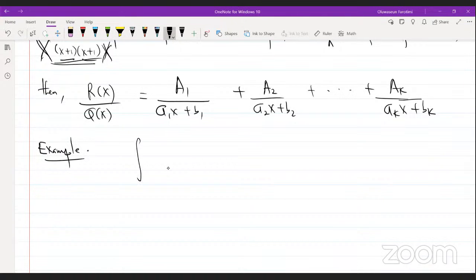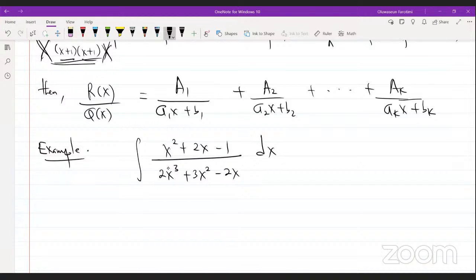Now, if you have an integral of x squared plus 2x minus 1, all divided by 2x cubed plus 3x squared minus 2x dx, I have this situation, guys. What do I do? The first thing I need to check is the degree of the top.